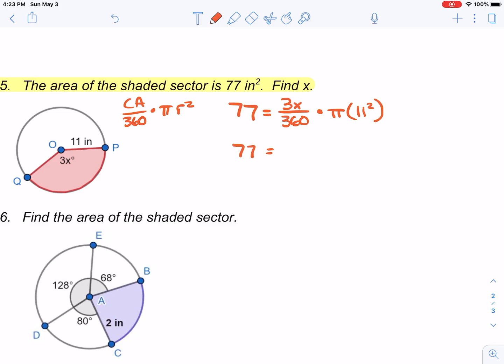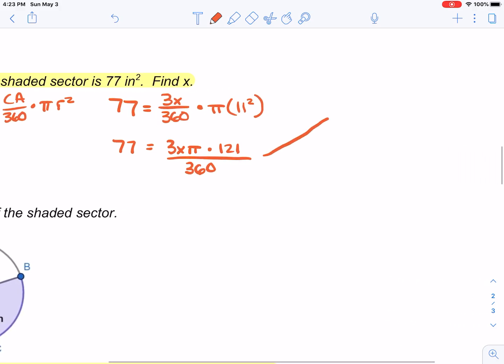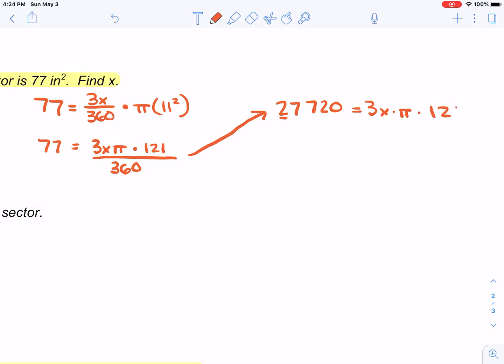We'll have 77 is equal to 3x times pi times 121 all over 360. Again, our next step now, just using basic algebra here, I'm going to multiply both sides by 360, and I will get 27,720 equal to 3x times pi times our 121.